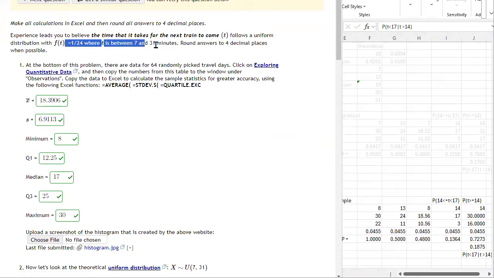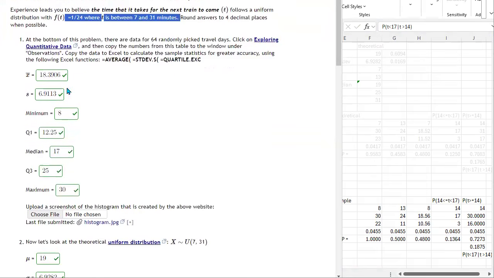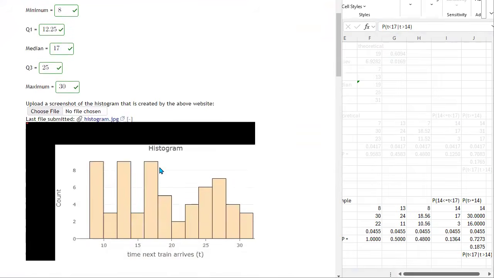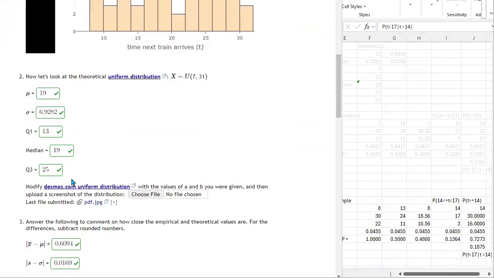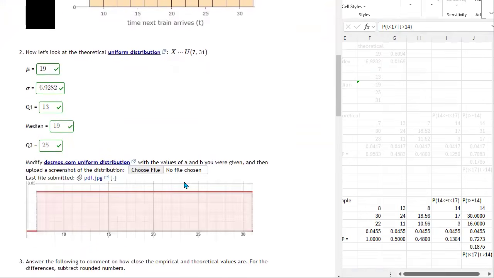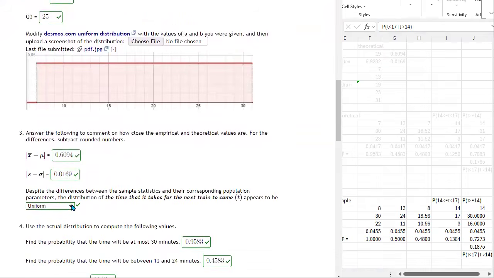We can calculate sample statistics and get an idea of what it looks like, but we can't know these values, and we don't know what it actually looks like theoretically.